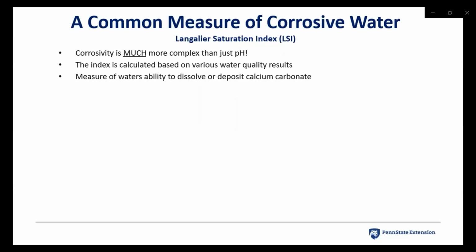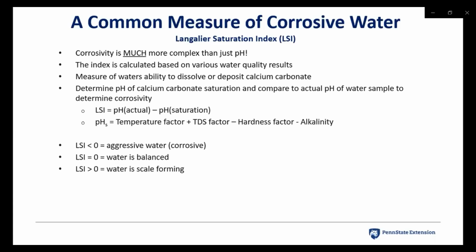That's an oversimplification for sure. We see lots of cases where people have neutral pHs or even slightly alkaline pHs above 7.0 and can still have quite corrosive water. So pH is important, but it doesn't explain all of it. There are a number of other water quality parameters included here. Basically, we're looking at the calcium carbonate saturation and whether the water is going to dissolve or deposit calcium carbonate within the plumbing system.